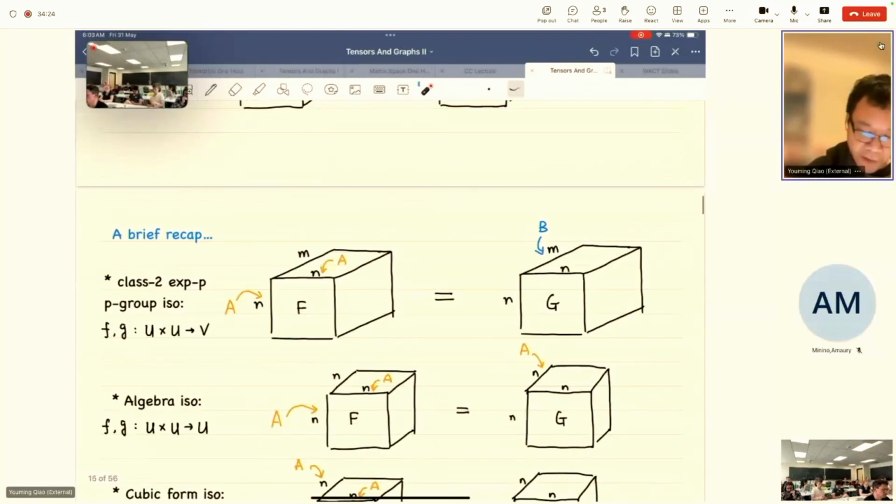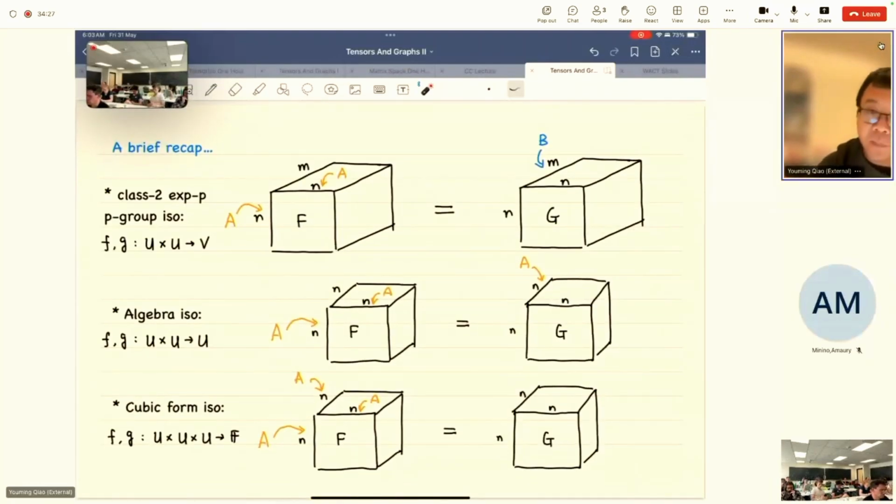Okay. Now we have seen, so this is a brief recap, okay? We have seen group iso, right? And it gave us bilinear maps of this format, U cross U to B. We have also seen algebra iso, which gave us the bilinear maps of, say, U cross U to U. And we have also seen cubic form isomorphism, by going to symmetric trilinear forms, you get U cross U cross U to F. Okay, and then you see that the difference lies in that you always have some three-way arrays of some format, n by n by m or n by n by n, but the actions are different actually.